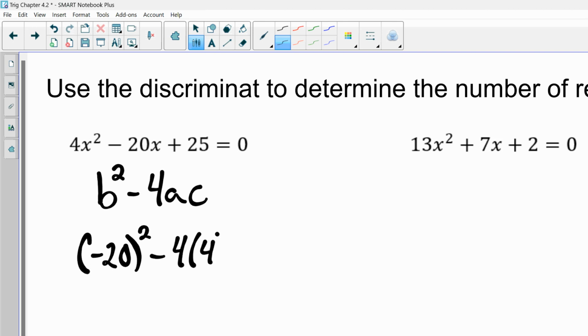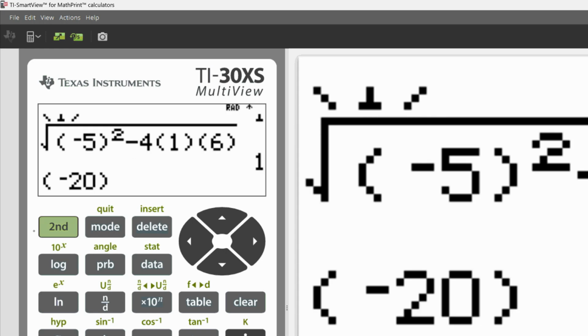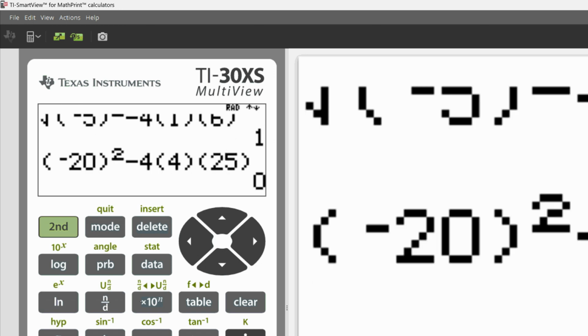Value of a is 4. Value of c is 25. Squared minus 4 times 4 times 25 is 0.